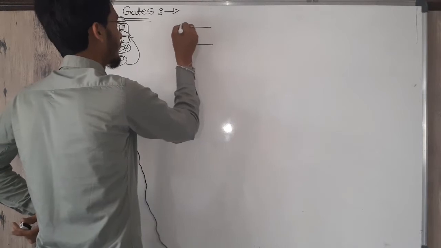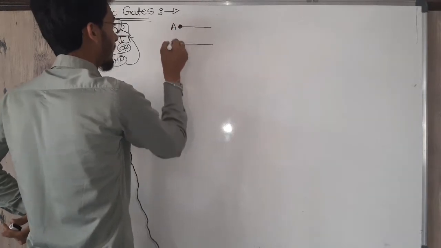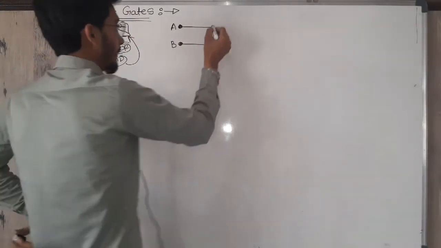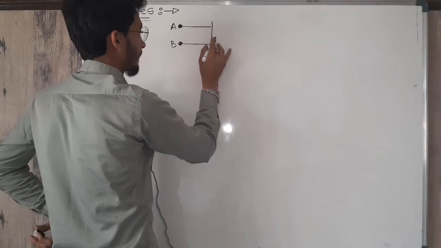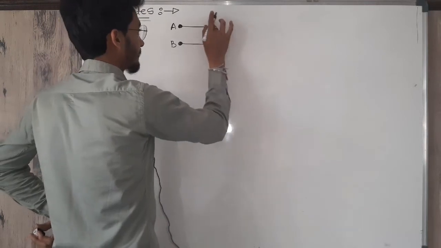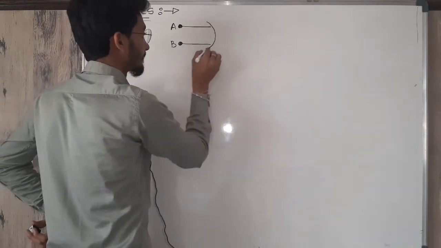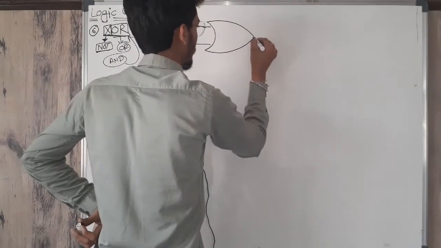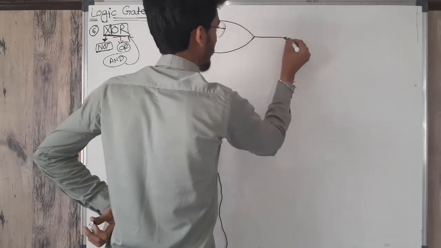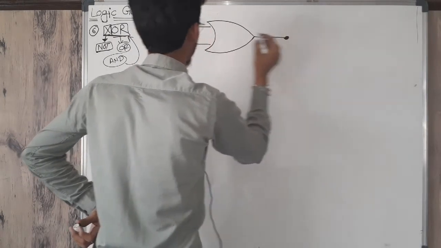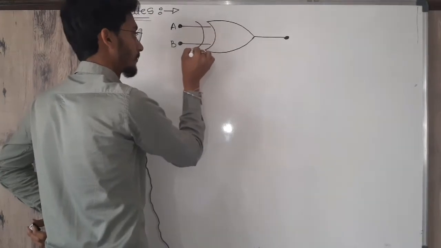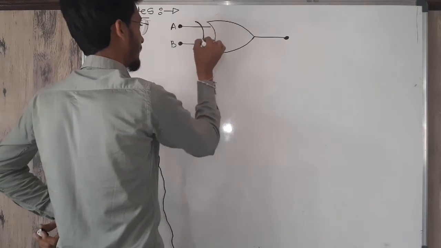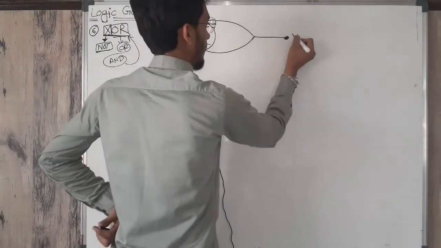Suppose you have A and B. It is very important, please listen carefully. Then represent it like this. Another curved line is drawn on the input terminal, and this is the output.